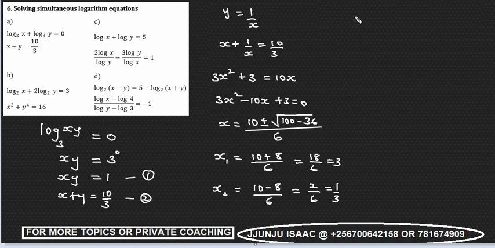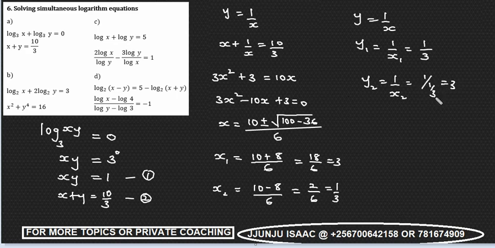So from y equal to 1 over x, y1 is going to be 1 over x1, which is 1 over 3, and y2 is going to be 1 over x2, which is 1 over 1 over 3, and this is 3.